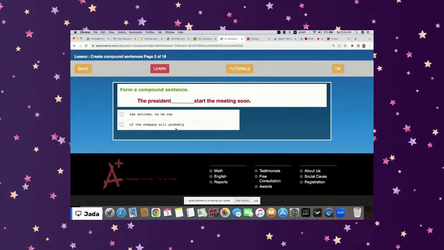Okay, so the first one is the right answer because the first one has the comma and also has the conjunction, which is so, and the comma here.